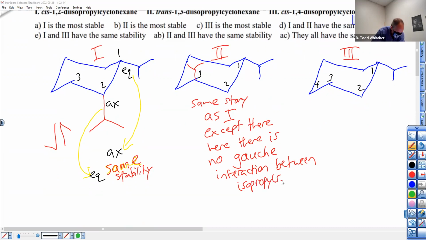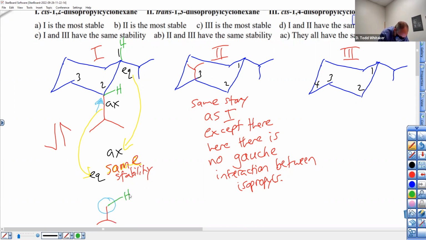What does he mean? It means he's putting his eyeball and he's looking right here. Here's my eyeball looking along this bond. Straight down, isopropyl.